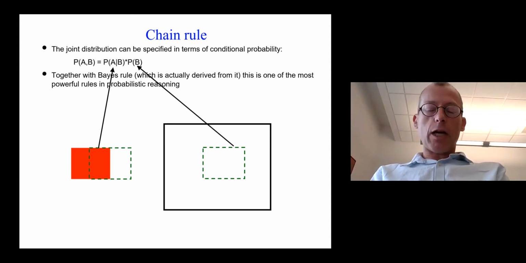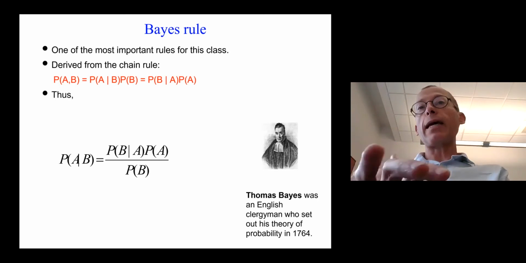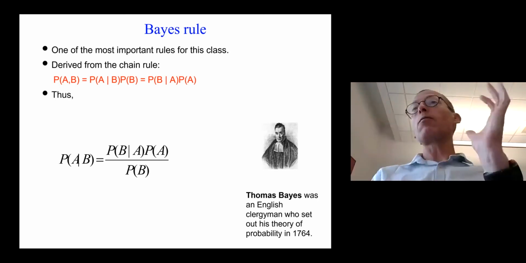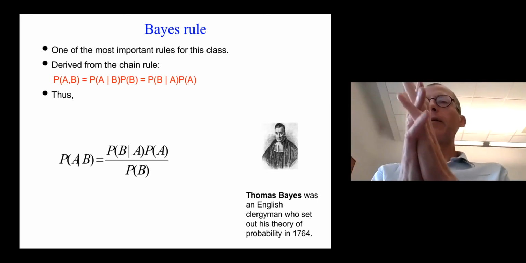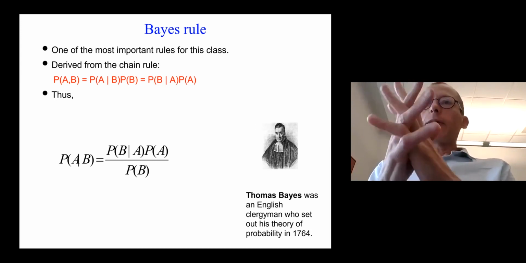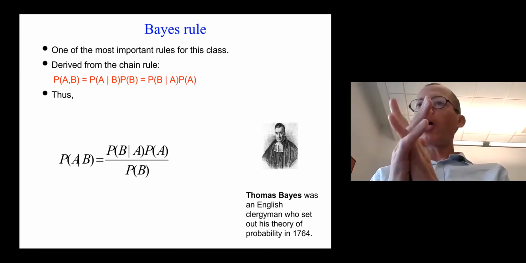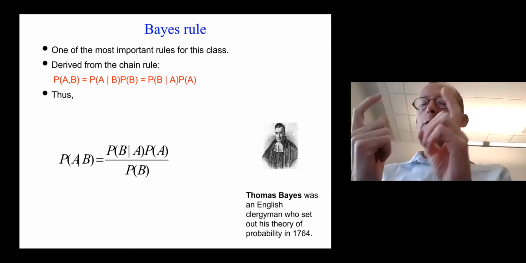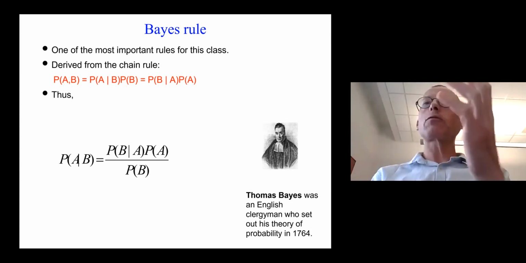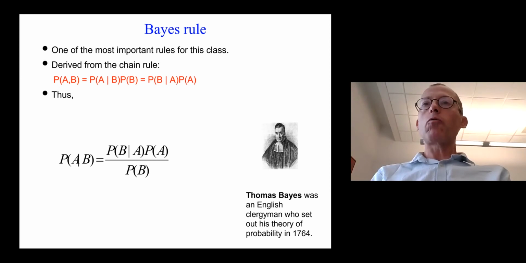And if you agree with the chain rule, then the next step is something called Bayes rule. I moved very quickly and didn't prove anything, but this is just setting the terminology. Bayes rule is just the chain rule, but we use the symmetric part of the chain rule in order to get one conditional probability as a function of another conditional probability.